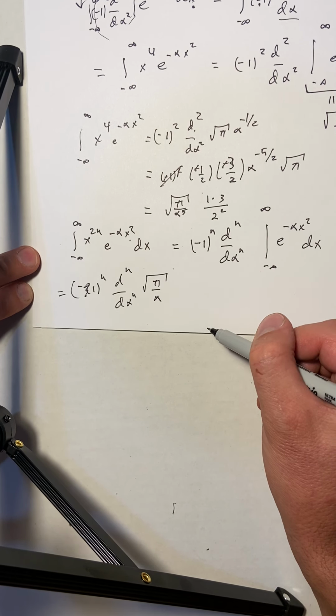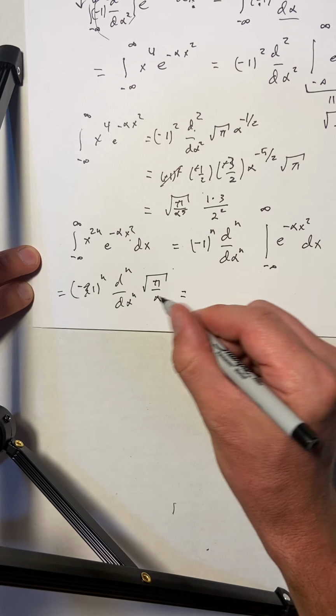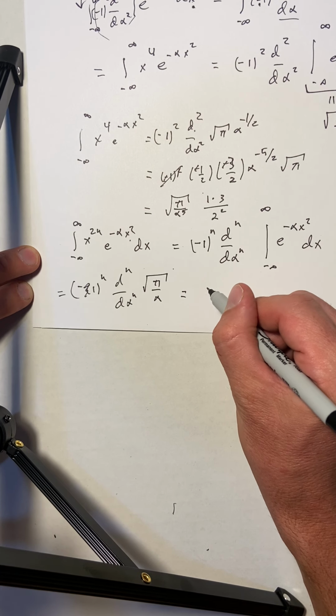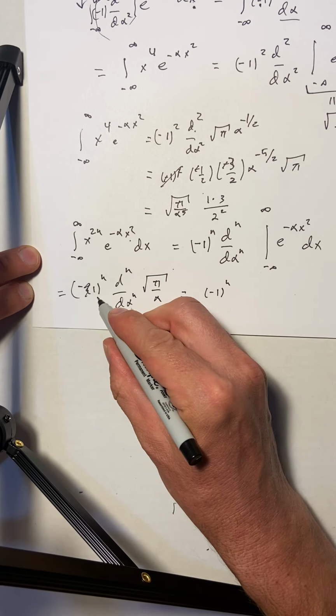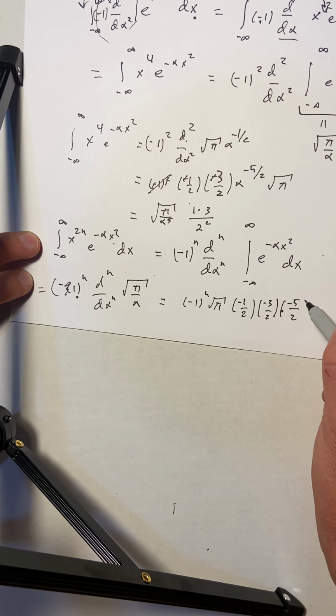All right, so I could take those derivatives with respect to alpha. I get minus 1 to the n from here. I get a root pi, since that's a constant. I will get minus 1 half, minus 3 halves, minus 5 halves, etc., n times.